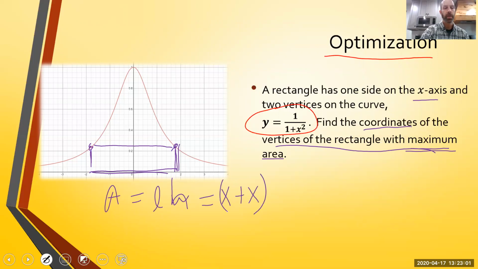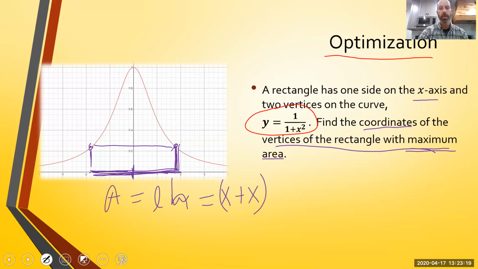The reason is that if you pick any value x, let's say 2, and x is 2, what's this total length going to be? Well, it's not just 2, it's also this 2 over here, so 2 plus 2, so that's x plus x.